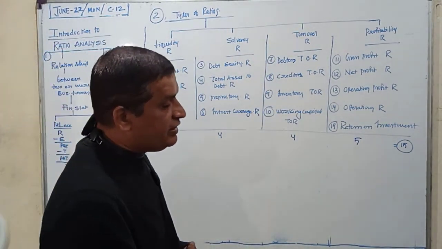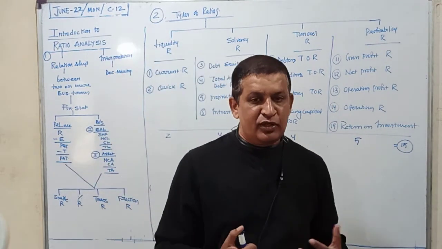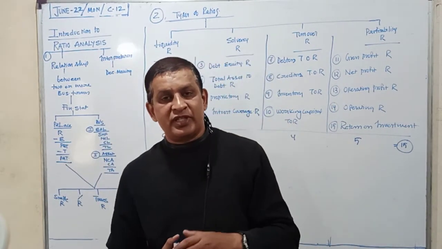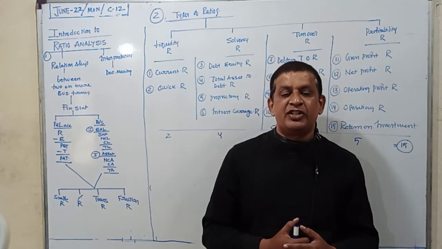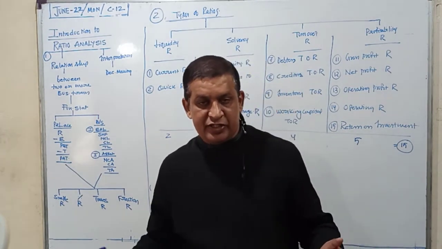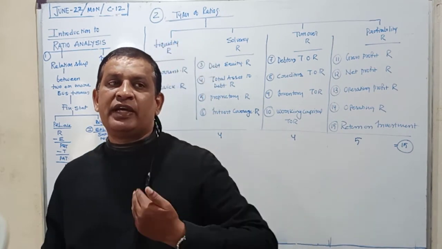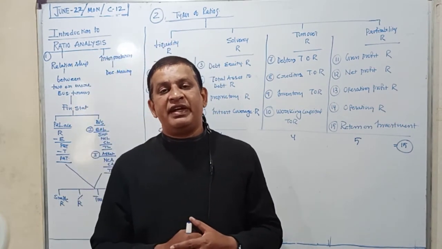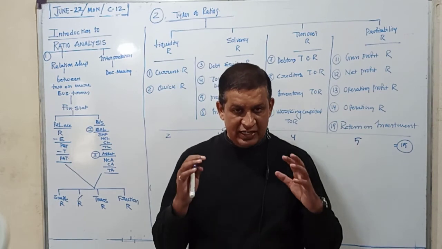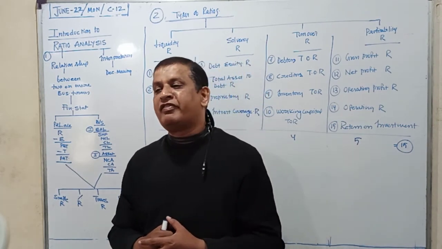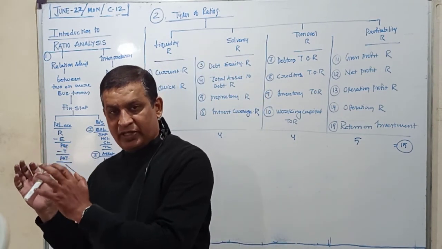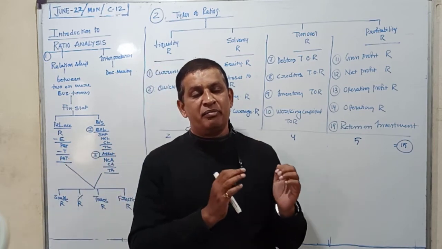So finally, coming to the conclusion. What is a ratio? Ratio is nothing but a relationship. Relationship between what? Relationship between two or more business transactions. Now, from where do we get these business transactions? We take the business transactions from the financial statements. Now, what are the financial statements? We know that they're the profit and loss account and balance sheet.